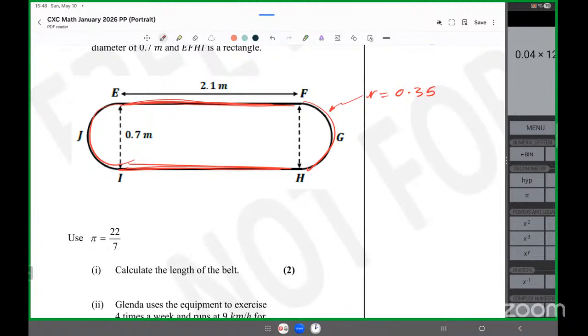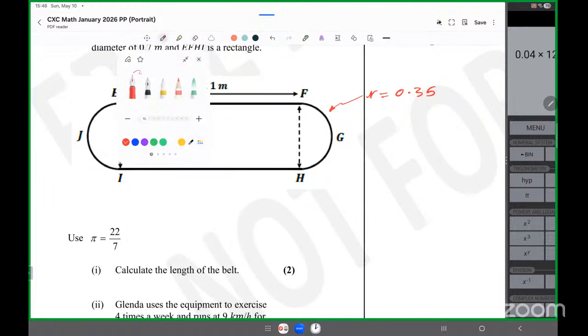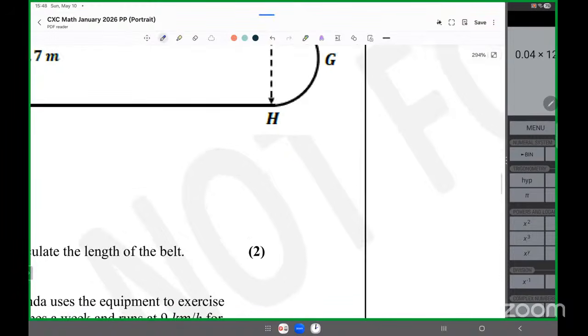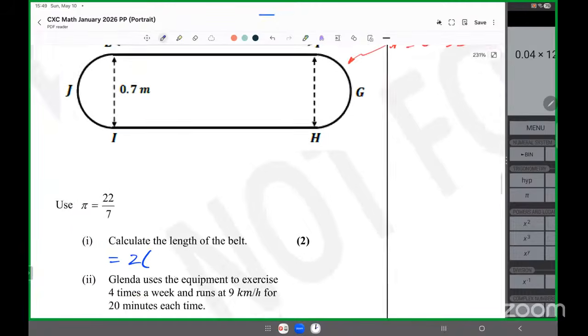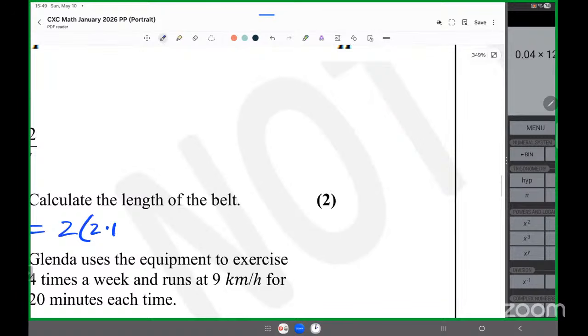So the length of the belt becomes equal to 2 times the long side, which is 2.1, plus 2 pi r: 2 times pi, which is 22/7, times r, which is 3.5.